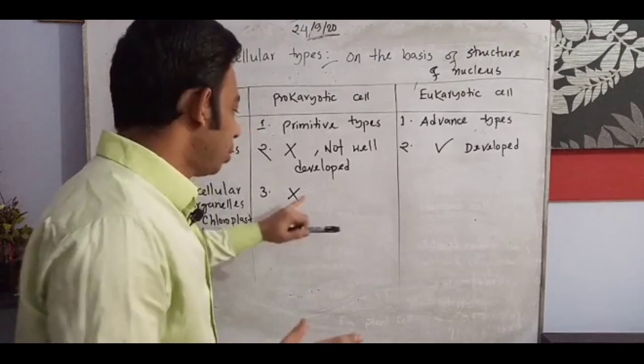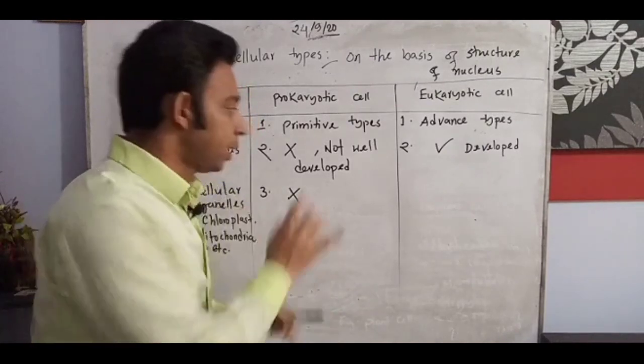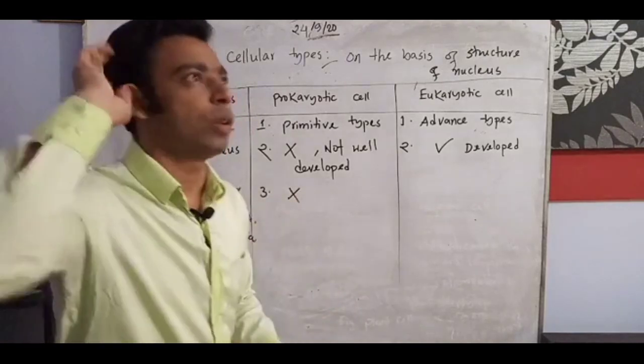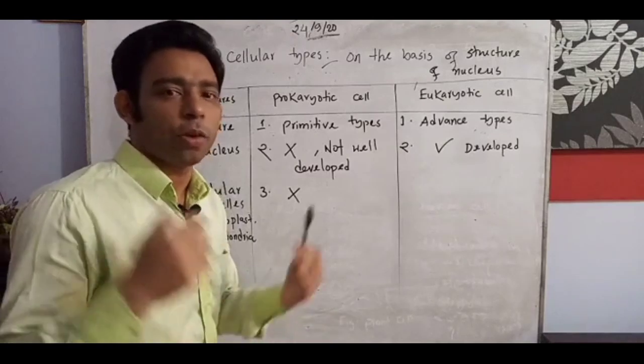Cross means not present or not properly found. You can elaborate, but when you make notes, cross means no and tick means yes, present.